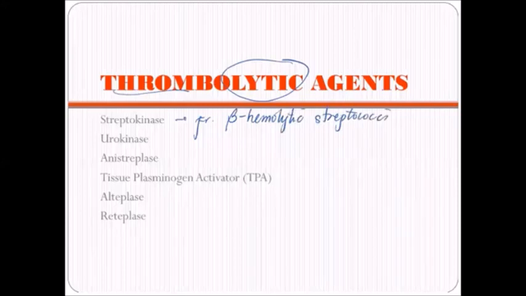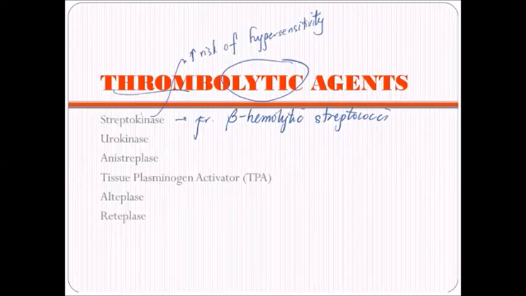Since streptokinase was isolated from a natural source, mataas ang risk ng hypersensitivity reaction. Kaya usually, nagbibigay ng antihistamine like diphenhydramine to prevent this effect caused by streptokinase. Next, urokinase naman, this was isolated from mammalian kidneys.